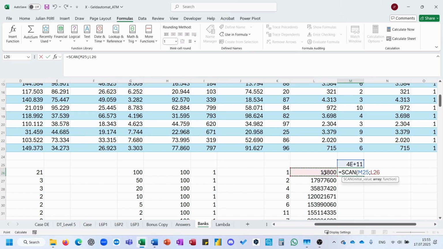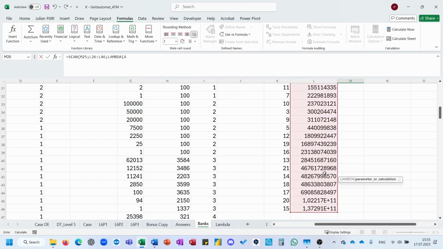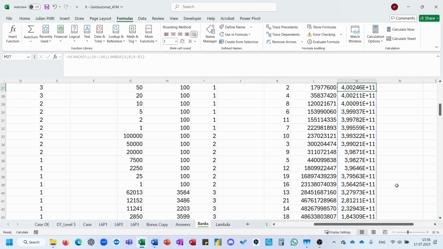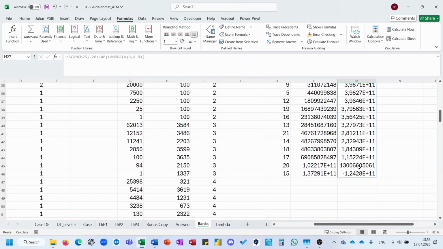Lambda a b, a minus b, to get a running total or a running subtraction total. And you see here, we only get to a negative result at the last bank.